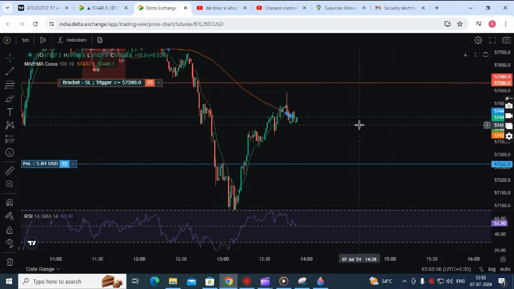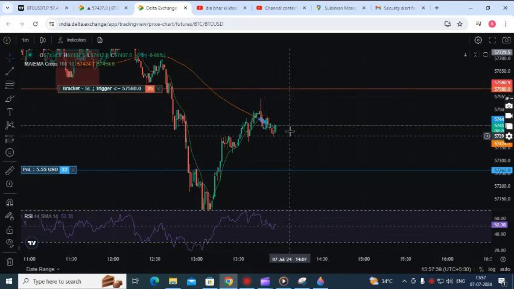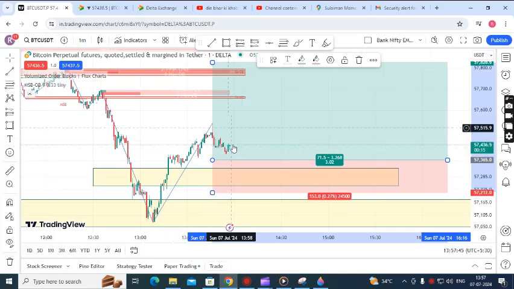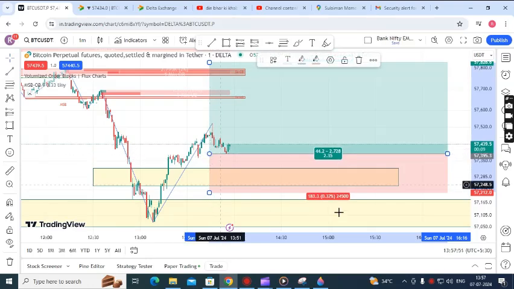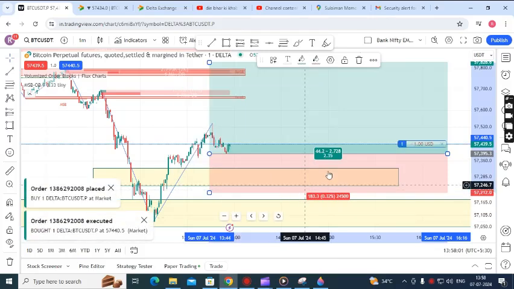So let's see, guys. You can see here, after spending a lot of time, it's trying to go up. So I expect it's going up from here, and we can take a risk here. Otherwise, it will go out of our range, and we cannot buy it later on. So let's enter into one BTC trade.